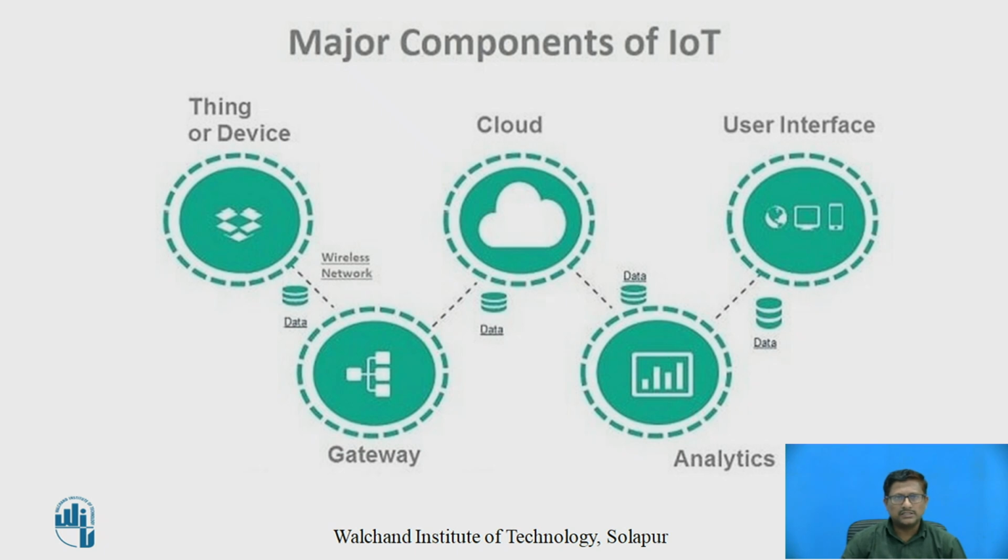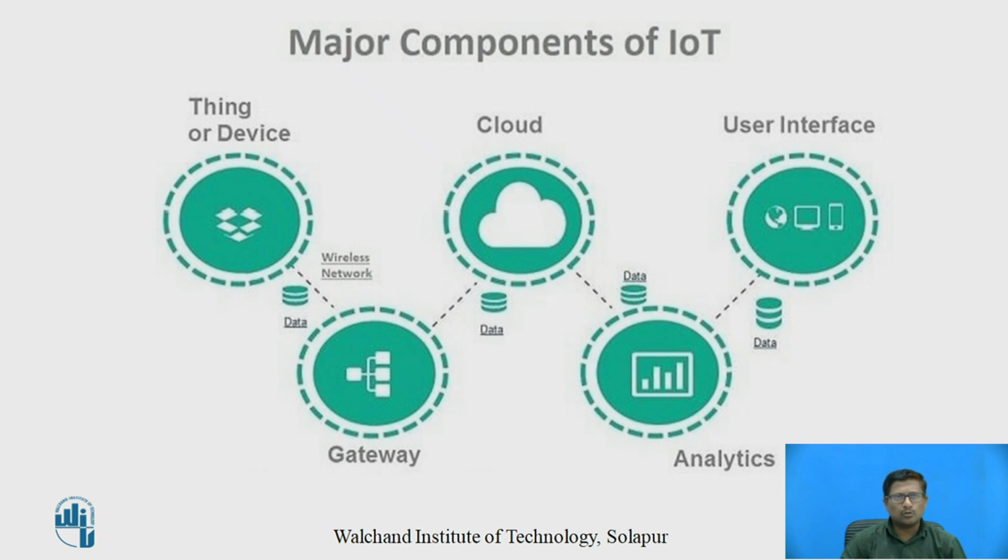So these are the major components of the IoT architecture, or you can consider it as a diagram. The first part here is the things or devices. Things or devices means the smart devices which have internet facility. Examples are digital sensors, smart devices, and so many things.